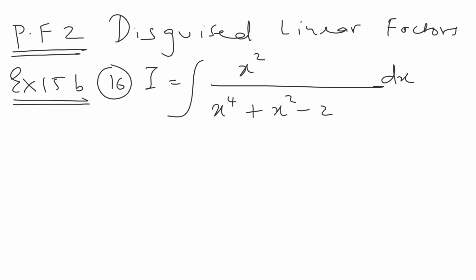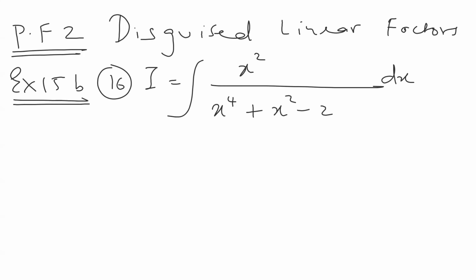Now see, first discussion is in exercise 15a, there are some problems of the category x square upon x raised to 4, where we divide throughout by x square, right? But in this problem, we can't do that because this 2 is not a perfect square. Such problems in exercise 15a were only for perfect squares, so that won't work over here.